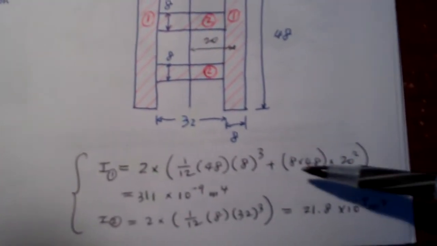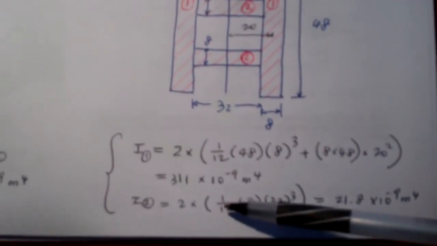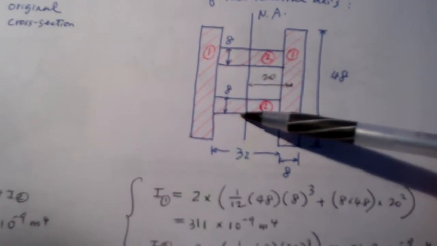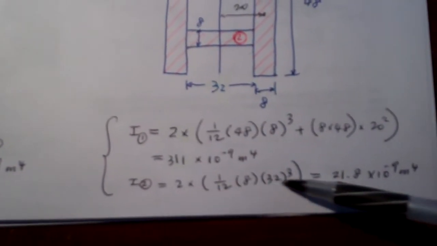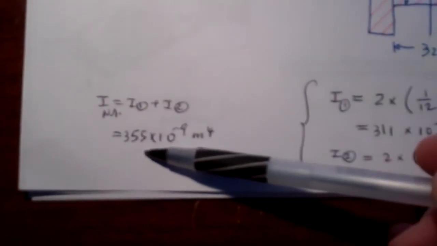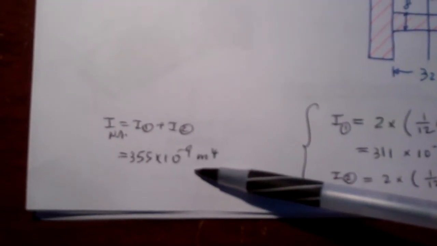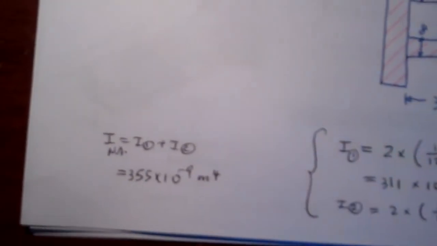Now the second portion is a little more straightforward, just like this. So we obtain the moment of inertia as 355 times 10 to the minus 9.